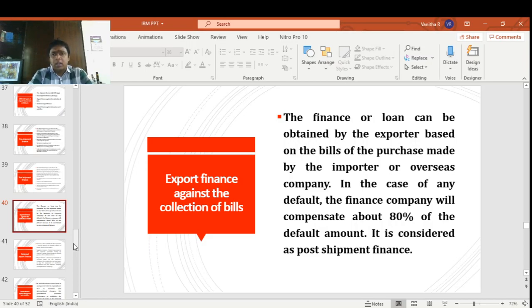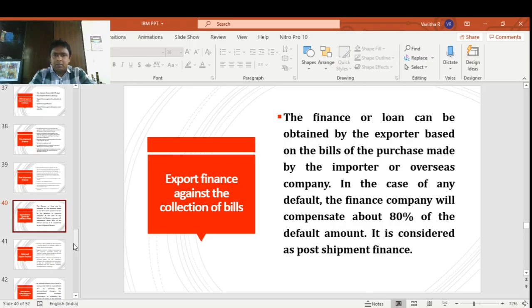Like I've told you, the finance company can compensate up to 80%. That is because you already sold. Like I've told you, if you sold for $100 million, 20% they do not pay you because you never know whether that is a profit or a loss.